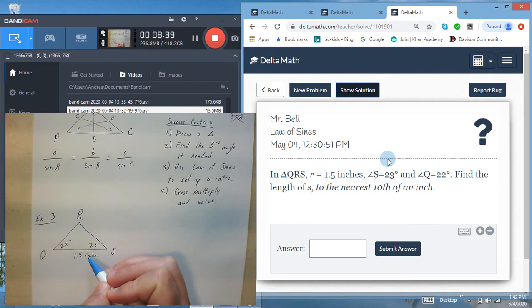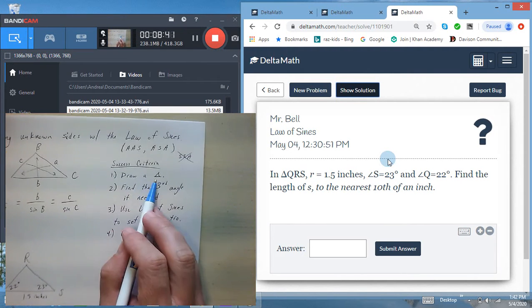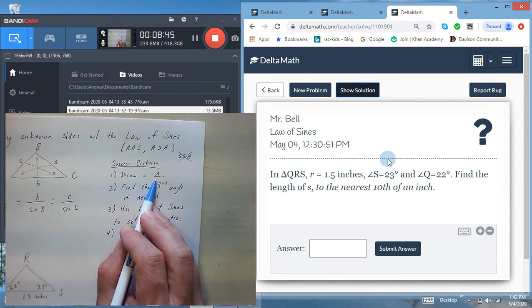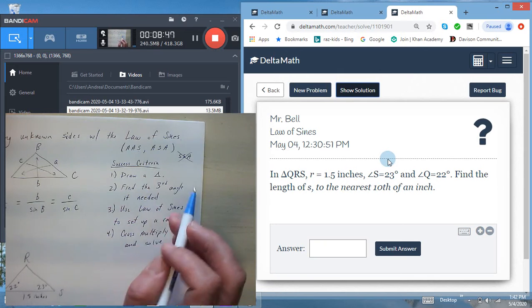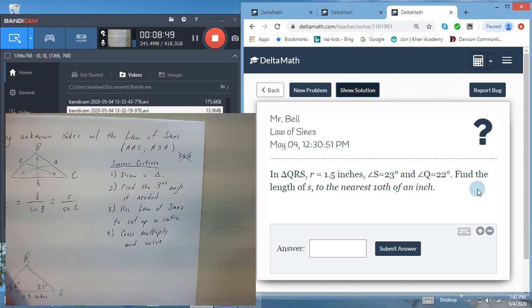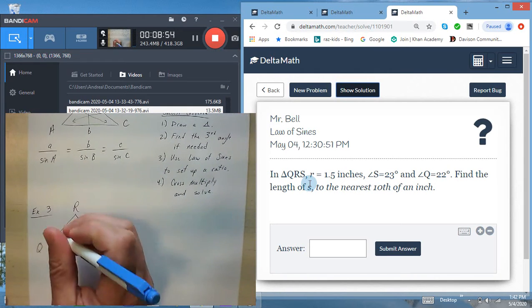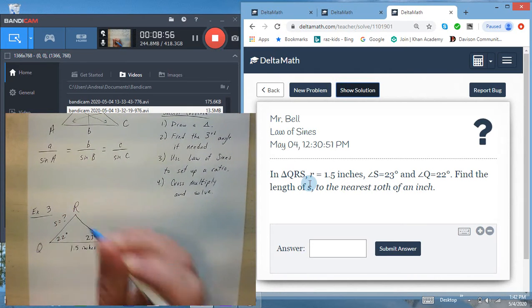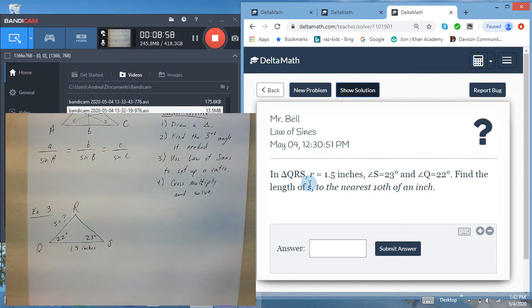Okay, so with this information, getting a sketch in front of you is going to be key. You want to see what you're missing and what they're asking you to do. Okay? As you see in Delta Math, it says find the length of S. So where's S? Right here. This is the one we're looking for.